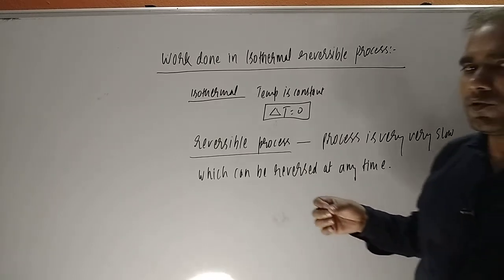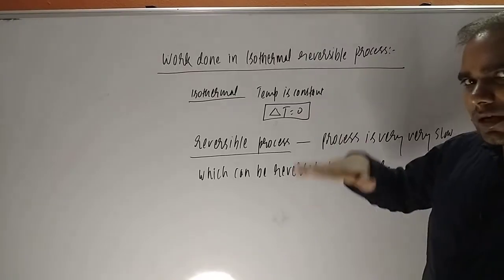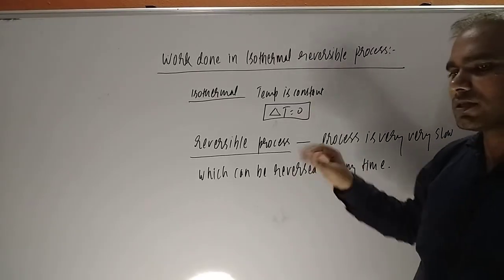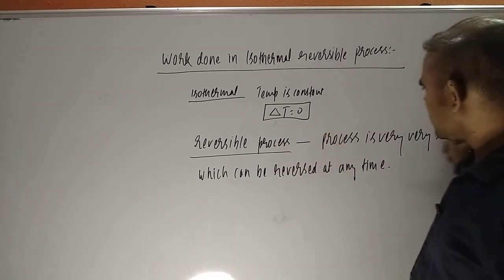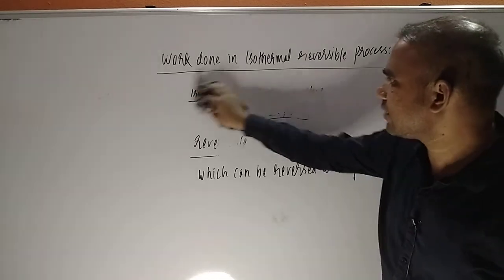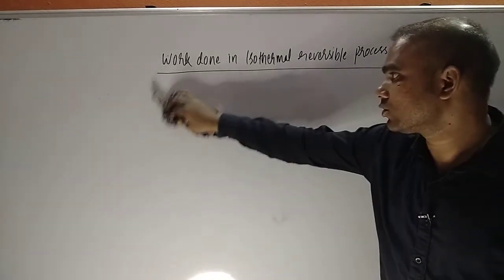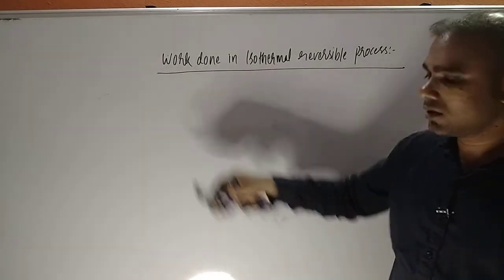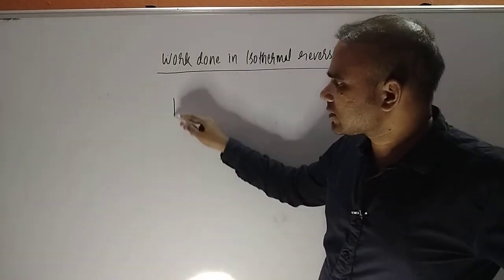And anytime, if you remove that force and apply an opposing force, the process can be reversed. You have to keep that in mind. Now students, we have to understand the reversible process, because this is the important topic of the work.